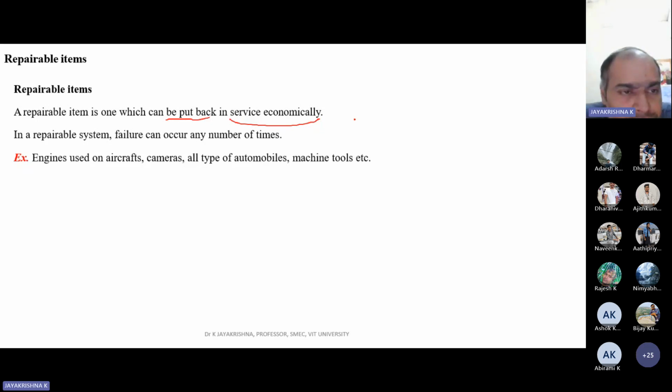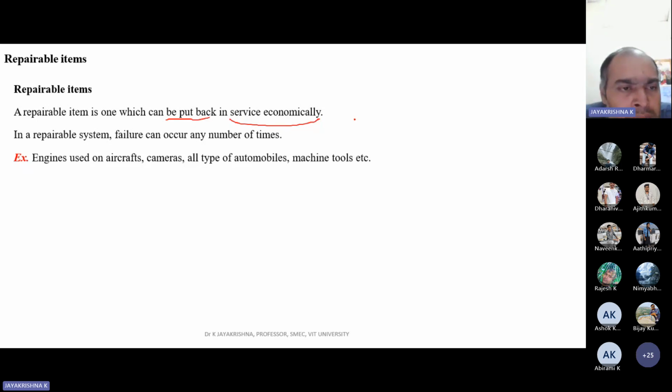Okay, say for example, in repairable systems, failure can occur any number of times. Irrespective of the number of failures, it should be worth it to repair it and run it for a long time. Example, engines of an aircraft can be repaired, cameras can be repaired, all automobiles, machine tools, etc. They can be repaired.